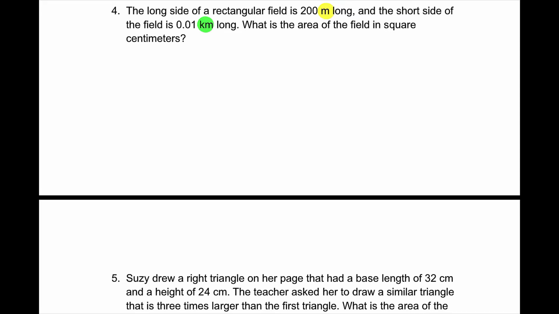So what I need to do is put them all to the same units. And if you look at the last sentence, which usually tells us what we need to do, they want the area of the field, but in square centimeters. So we're basically dealing with 3 different units here.